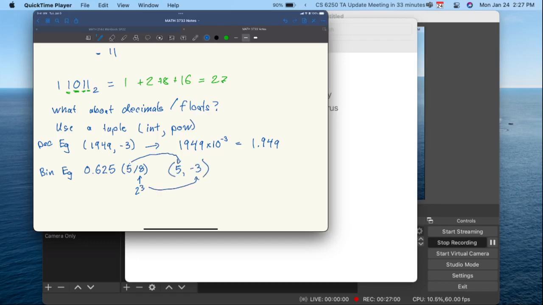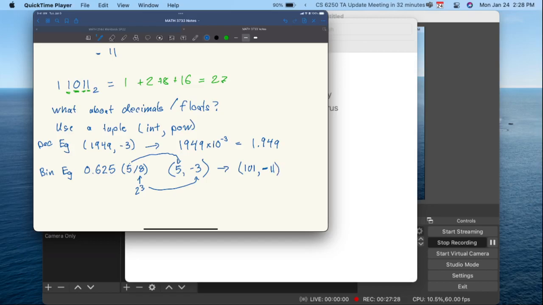But this is still not quite right, because those are still decimal representations. So what we want to do is consider 5 in binary. Anyone know what 5 is really quick? It's 4 plus 1, so 101. And then we're going to have to do 3, or a -3. So we would have a minus, anyone know?